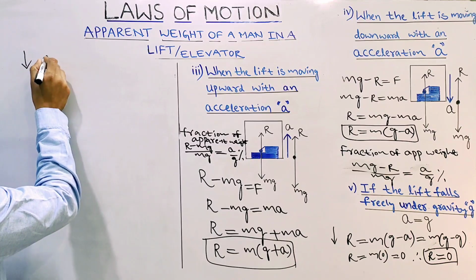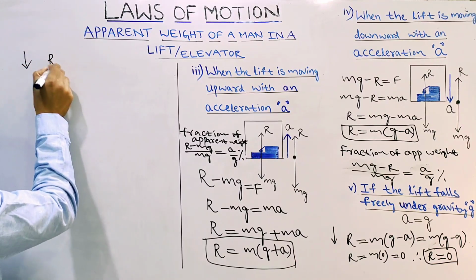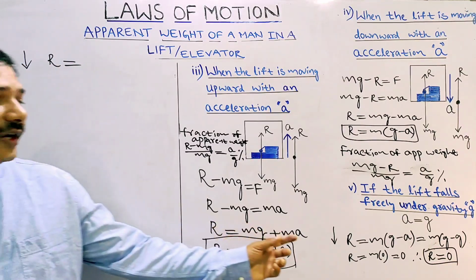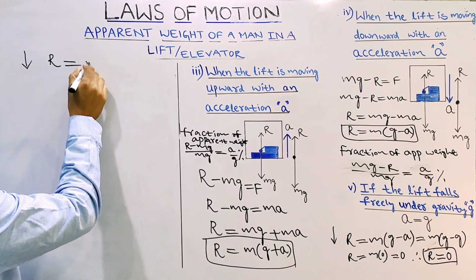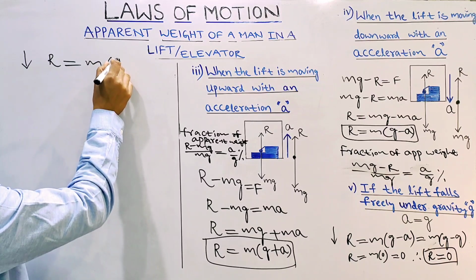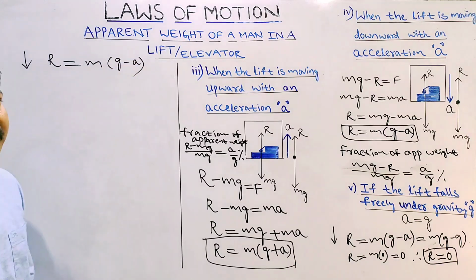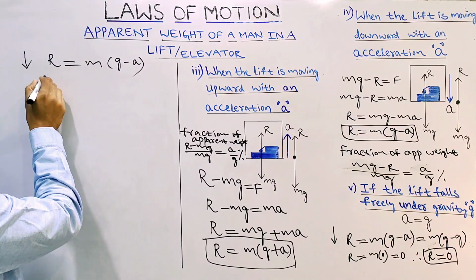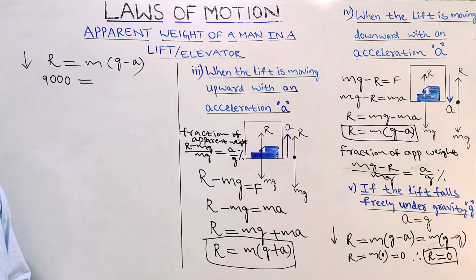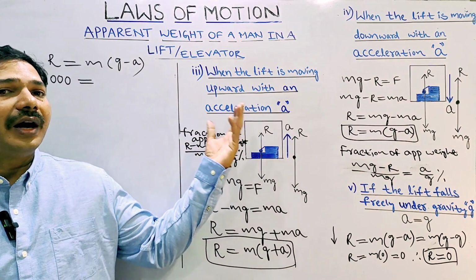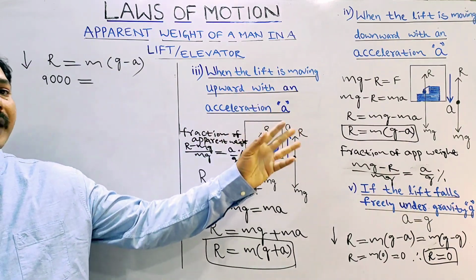When the lift is moving downward, the apparent weight formula we already know: R equal to m into (g minus a). With the acceleration it is moving downward, we find the tension in the cable. Here, instead of R we can take T for cable cases.